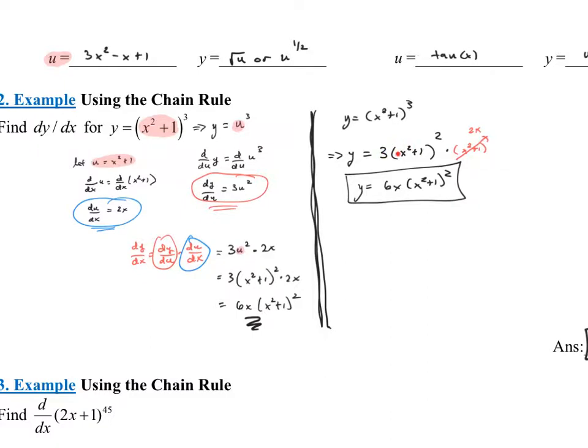That was the 3, keep the inside exactly the same, to this 2. That's the derivative of the outside. And then the du dx is the derivative of the inside, which was 2x in this case. Okay? So you can use the formal definition with the u substitutions, or you can take a little bit of time, learn it, get better with it, and I'm okay with you showing the shorthand notation for solving it.